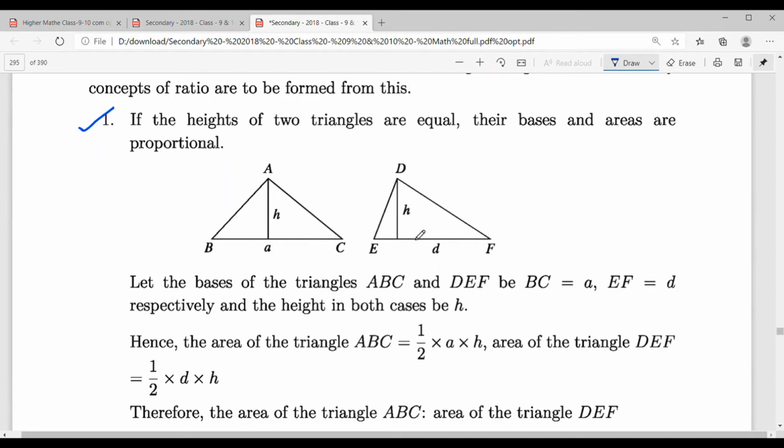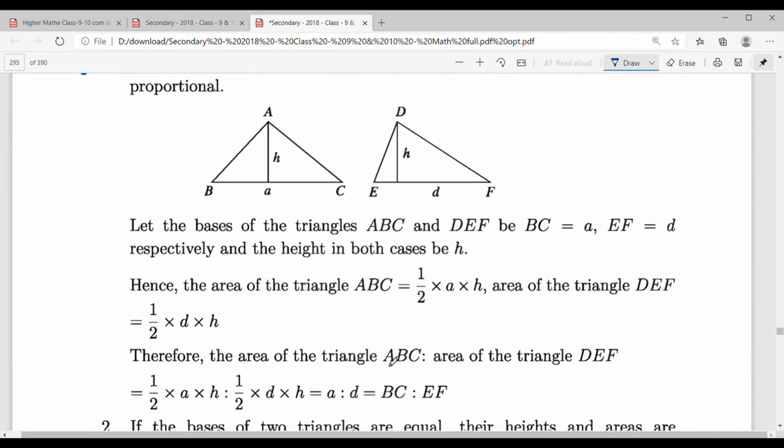Here base is D and height is H. Therefore, the ratio of their areas is equal to half of A into H is to half of D into H, and cancelling H and half we get A to D. That means BC is to EF. That means the ratio of areas is equal to the ratio of their bases. That means bases and areas are proportional. Clear?